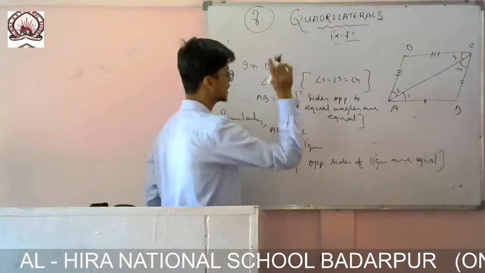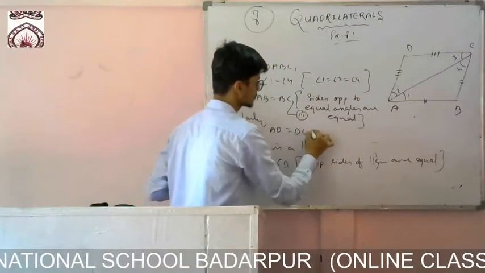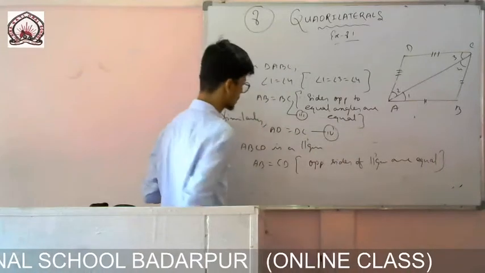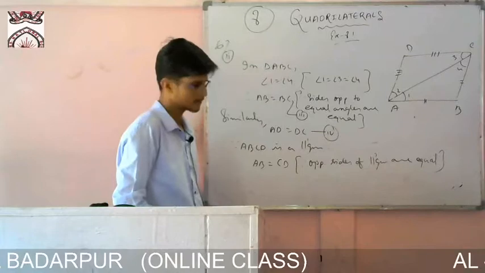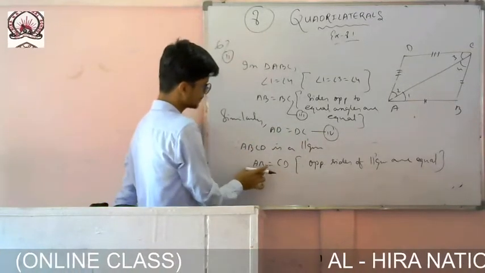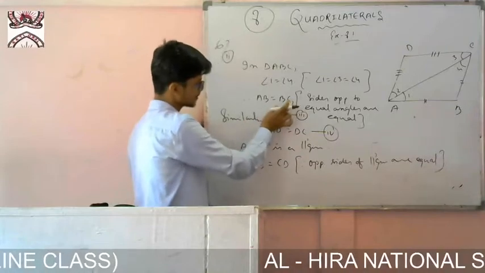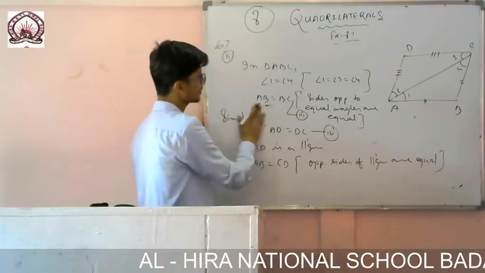Earlier, this one you give as 3, this one you give as 4. So if AB is equal to CD, and I relate this, in place of AB if I write CD, then CD will be equal to BC.